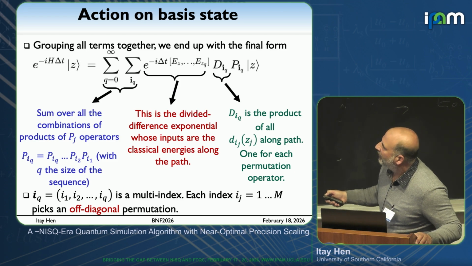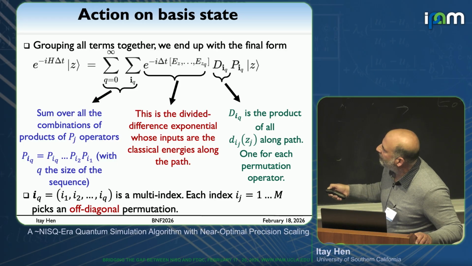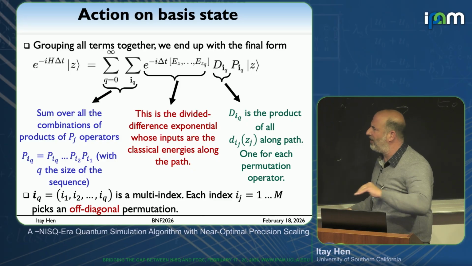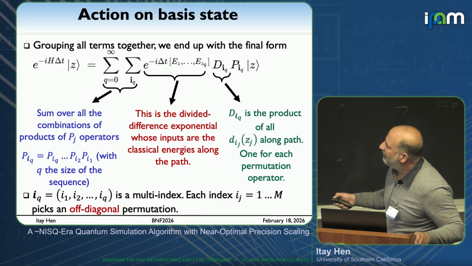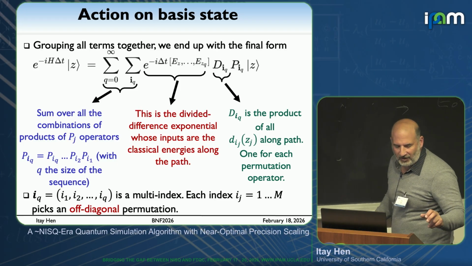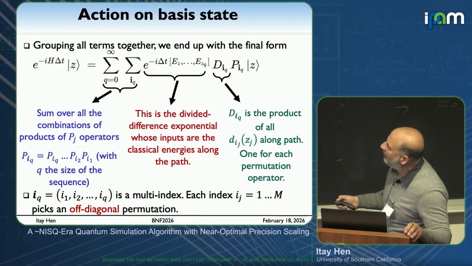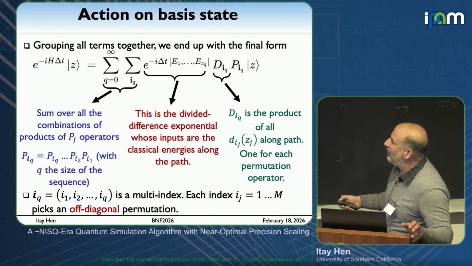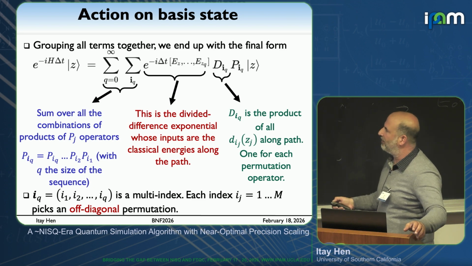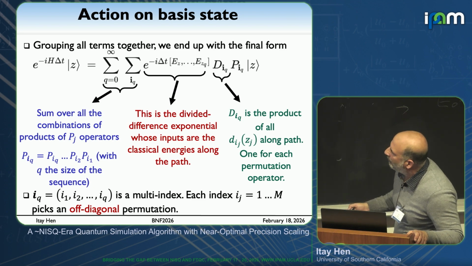Each summand is a product of P's. This constant comes from those d's that are also constants that come with the edges, if you remember. And this is the divided difference that comes from the diagonal part of the Hamiltonian. The E's are the matrix elements of the D0 part, if you remember.